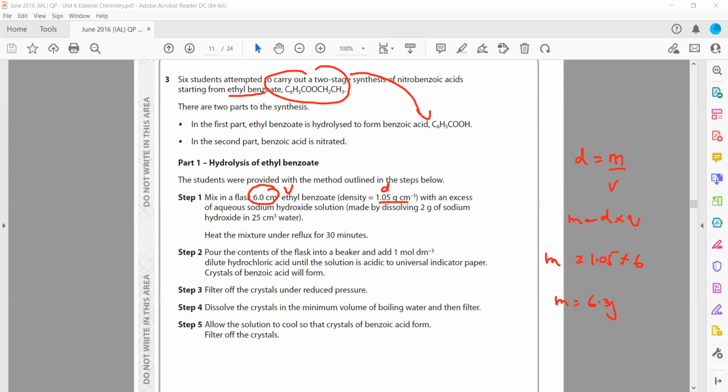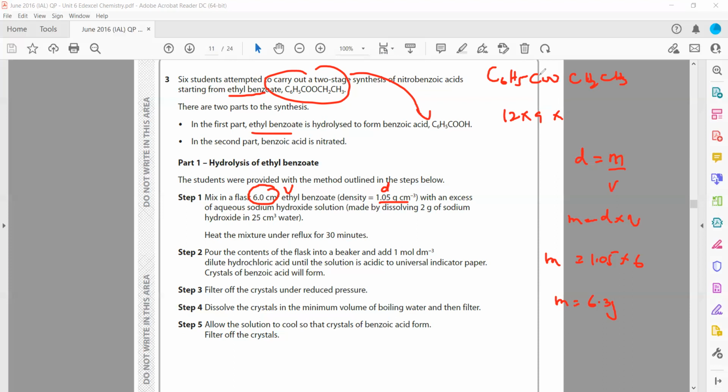So after getting the mass, we need the moles. So how to get the moles? Moles equal mass in gram divided by molar mass. So the molar mass of this whole compound, which is ethyl benzoate, C6H5COOCH2CH3. The carbon are there 1, 2, 6 and 8, so it will be 12 multiplied by 8 plus 9, because this C is also there.